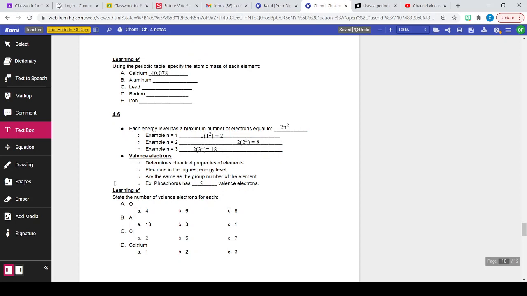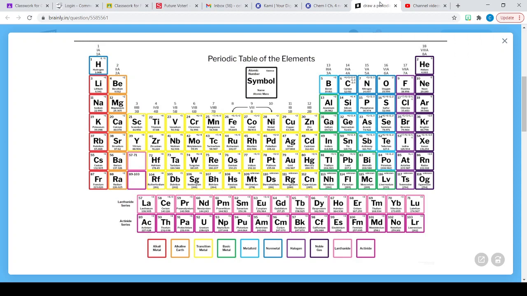Alright, so now the learning check says, state the number of valence electrons for each. Now, I know that we just said, hey, energy level 3 can have 18 electrons. But that is because they are looking at the transition metals here. I know it says 3, and there's 3 here, and it looks like nothing here.